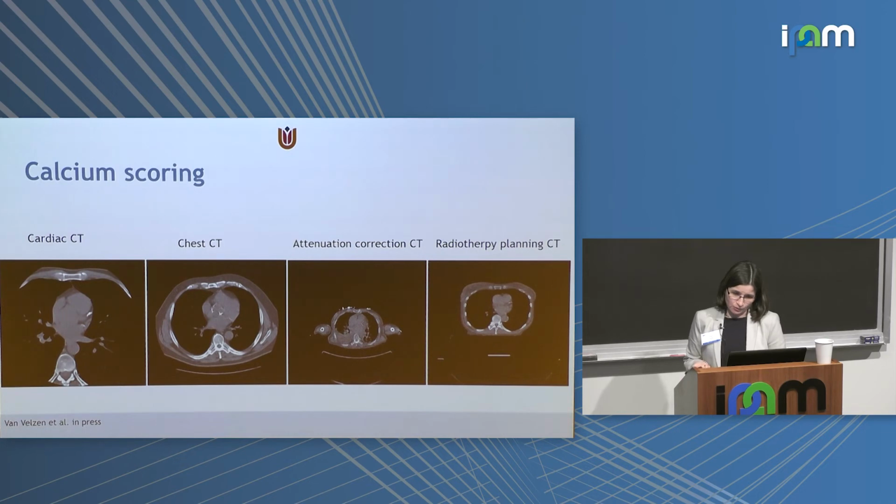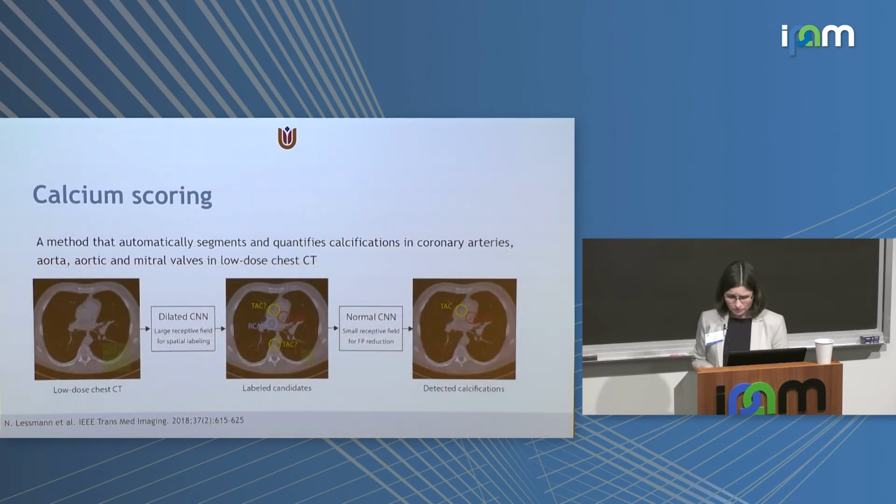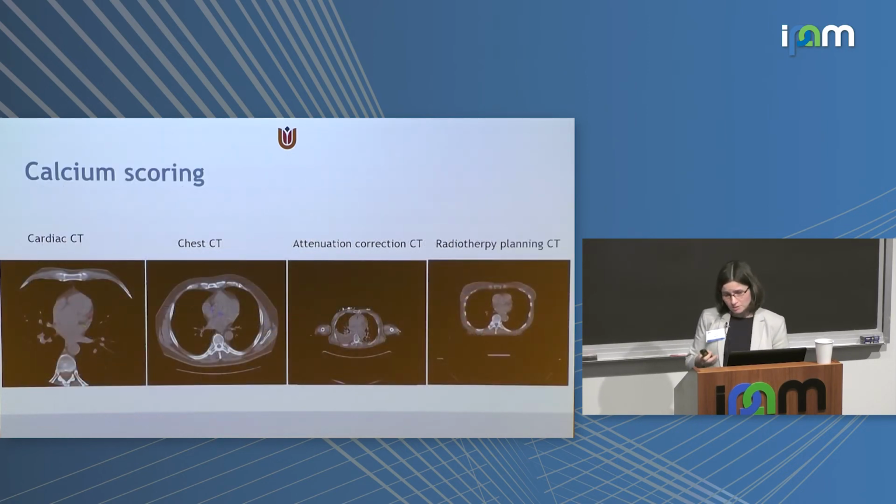So Sanne van Velzen then took the method that we had previously in the group, and for which we have been acquiring manual annotations for more than a year to train this method, and investigated whether this method could be applicable to all these scans.